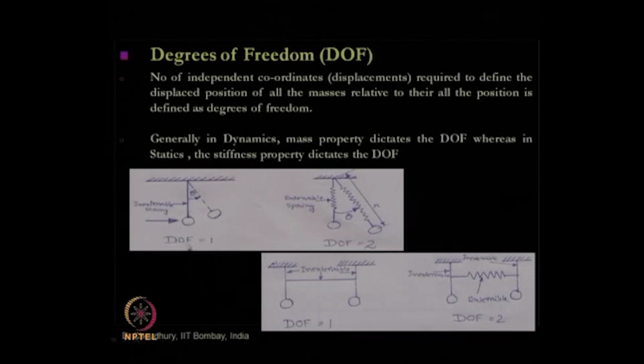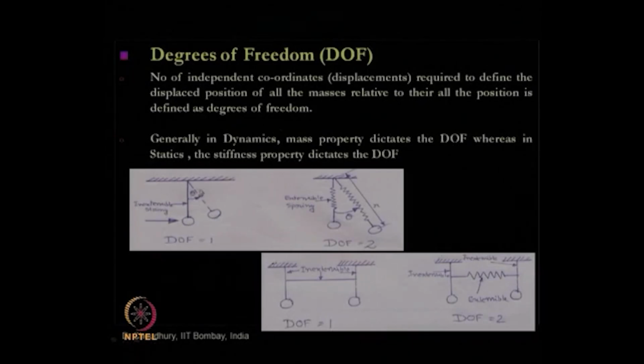It has a degrees of freedom of 1, because if we identify this angle theta using this coordinate system, with this theta only we can represent the position or displaced location of this simple pendulum bob at any point of time, at any location. So, this theta is good enough to mention the location of this displaced mass.